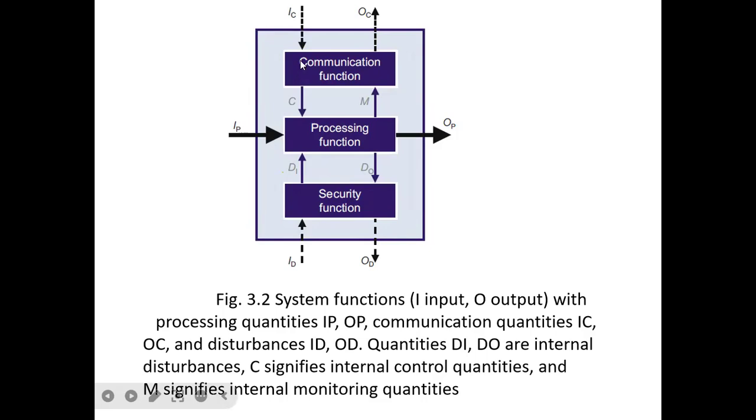And the communication function also has IC, OC, and the security function also has ID, OD. So here you can see the terms C and M and ID, OD. They are the quantities: ID and OD are internal and outside disturbances, and C signifies internal control quantities and M signifies the monitoring quantities.